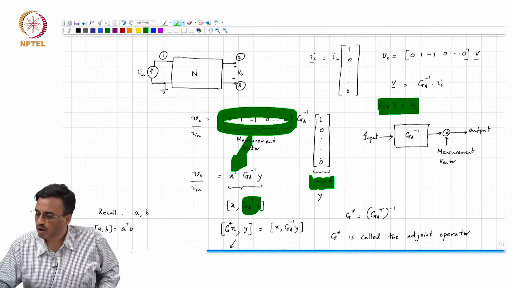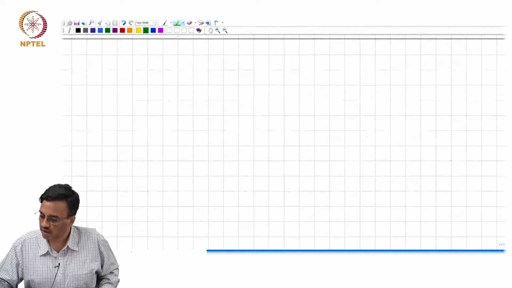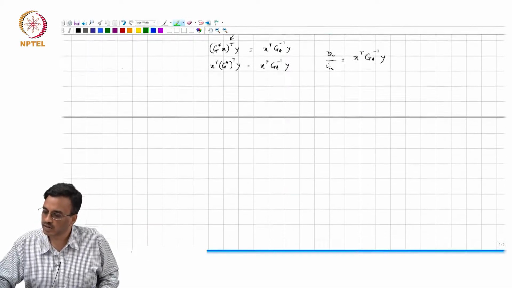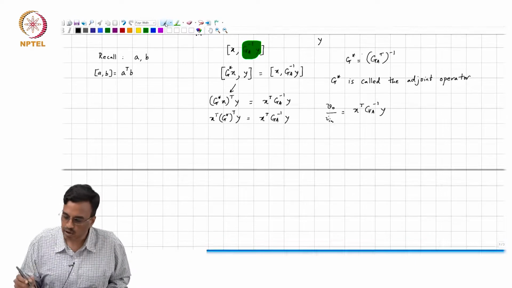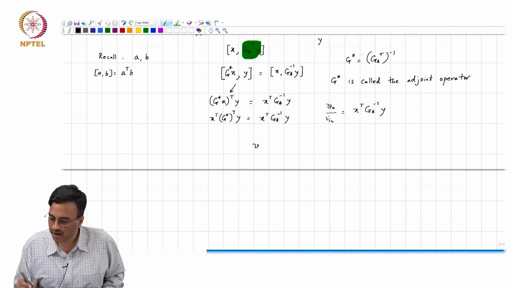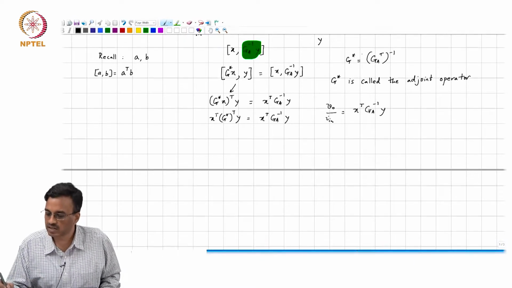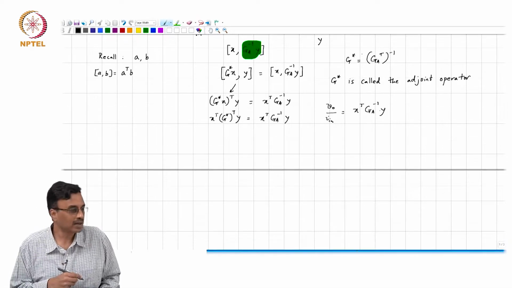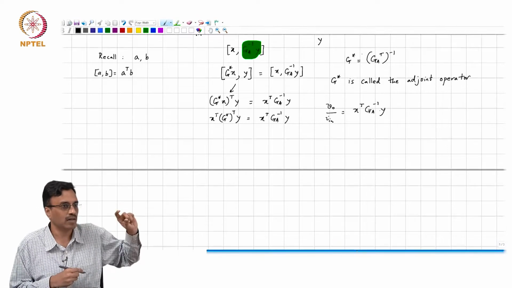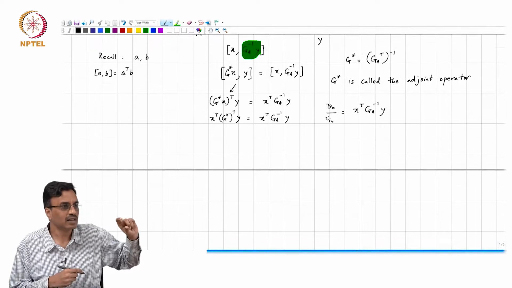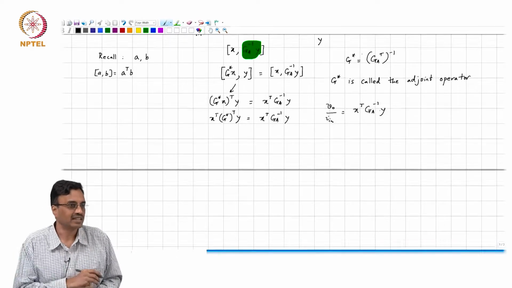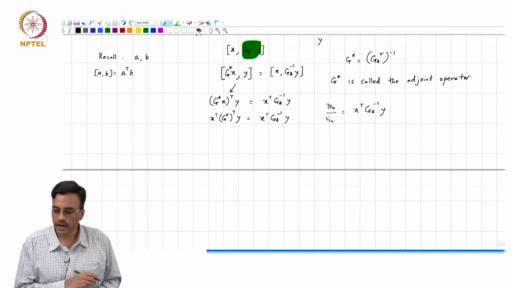An alternate and smarter way of doing this is to say, well, we know that V out by I in is X transpose times GA inverse times Y. Remember, X is the measurement vector and Y is the excitation vector or the input vector, correct?